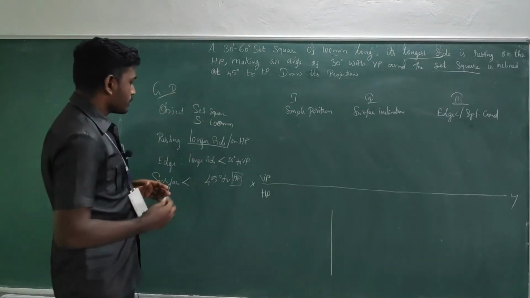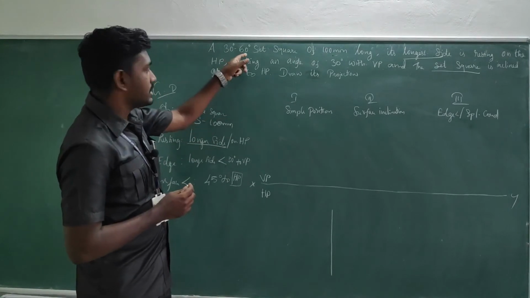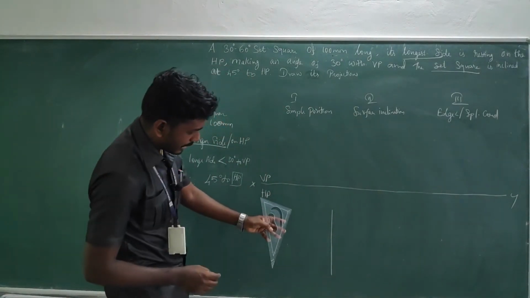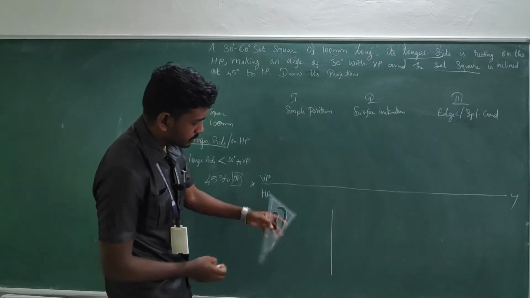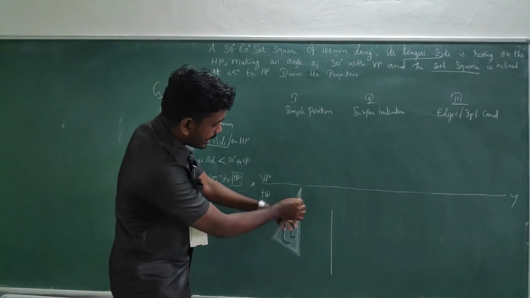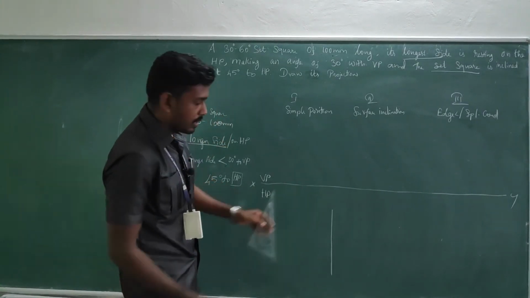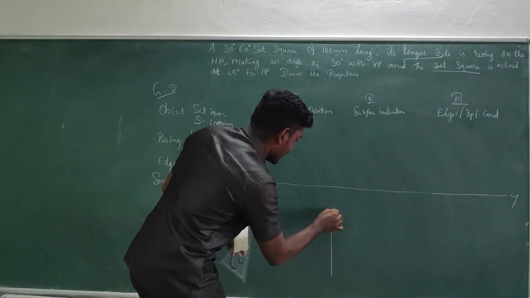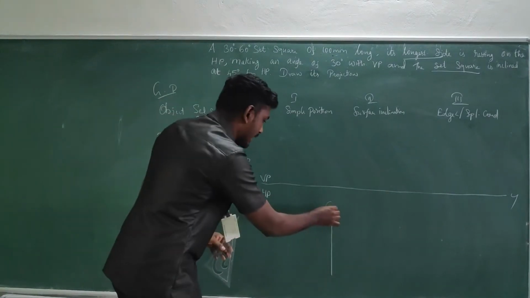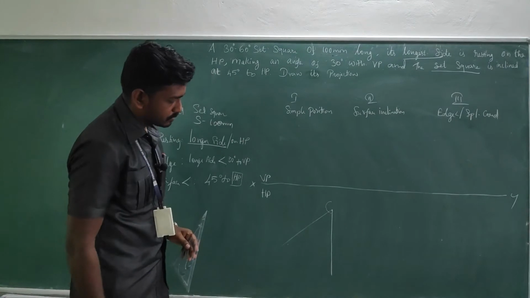So in order to get the shape of the set square, it is 30-60. So what I am going to do is, I have kept the object in this manner. So here comes the 30 degree, and here the 60 degree will be. So by placing the protractor at this end, I am going to take 30 degree and just draw a line.